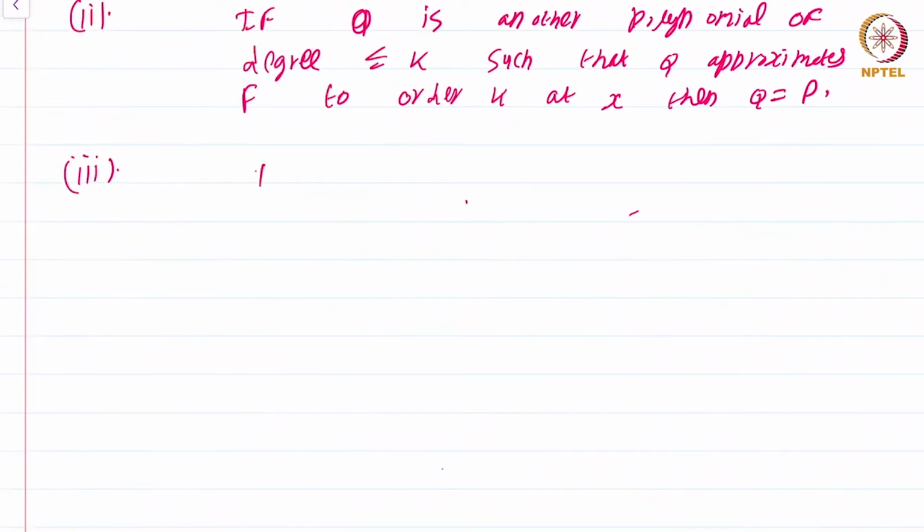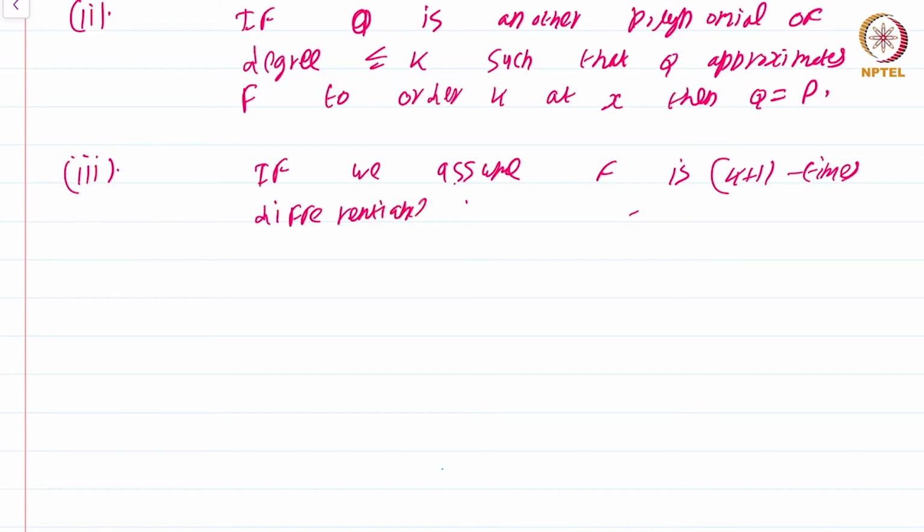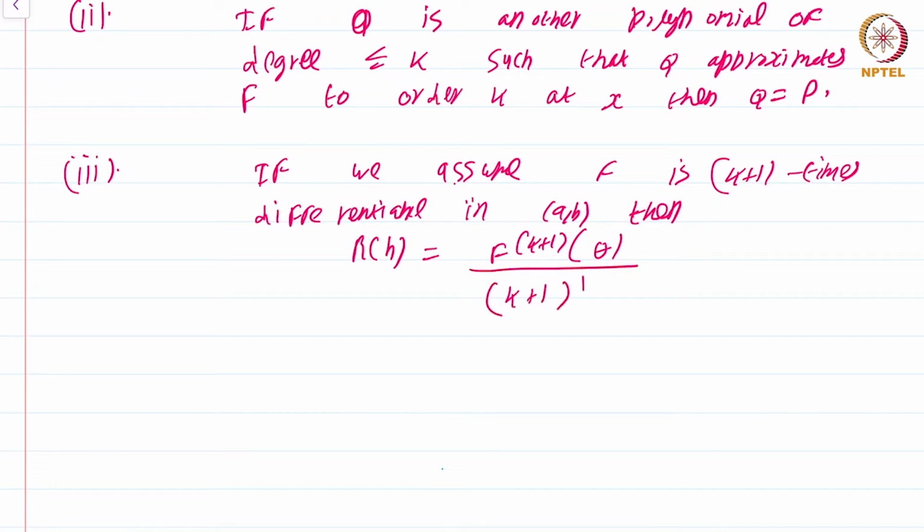And third, if we assume f is k plus 1 times differentiable in (a,b), then R of h, you can write it as f^(k+1)(theta) divided by (k+1) factorial times h power k plus 1.